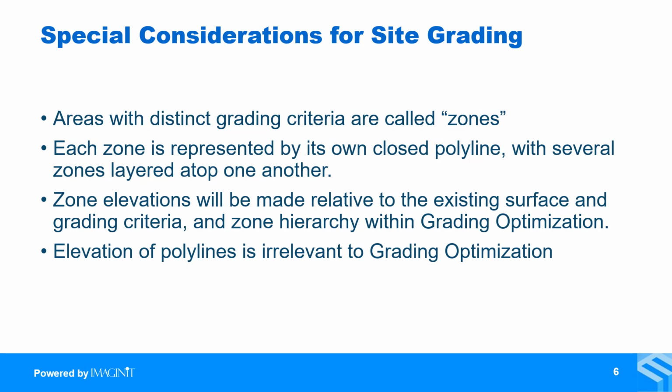When I run grading optimization, all of these are going to be placed in a hierarchy. Everything at the bottom takes less precedence over everything at the top so that I could layer on top operations.